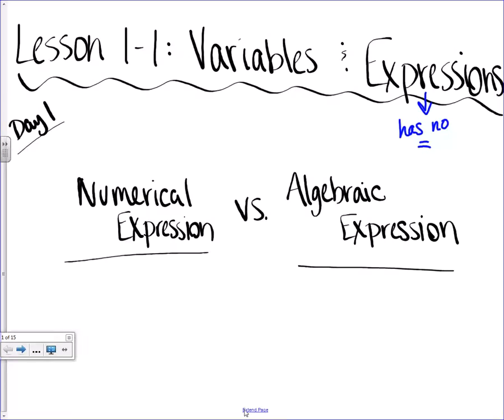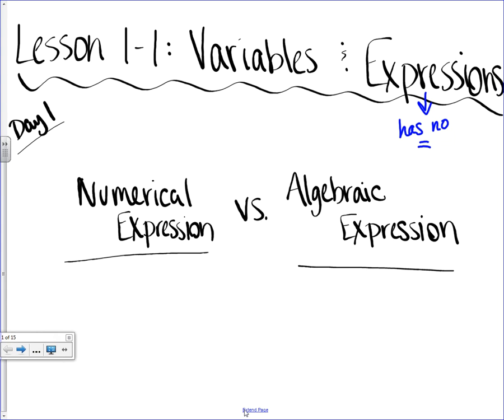Expressions do not have equal signs. Okay? So is an expression something that you can solve? No, because there's no equal sign. Okay? All you can do with an expression is simplify it, which we will get to later.